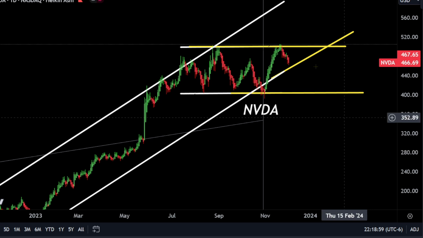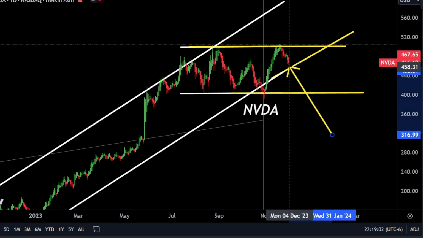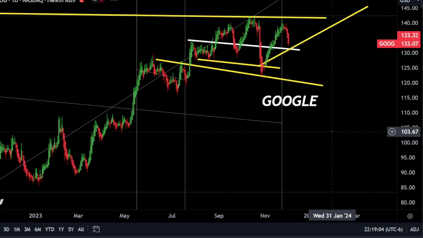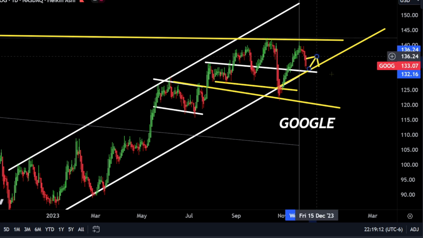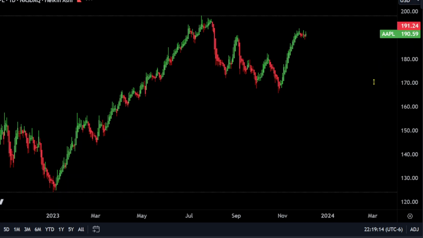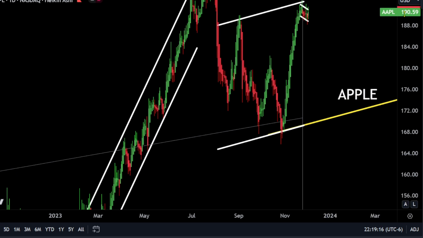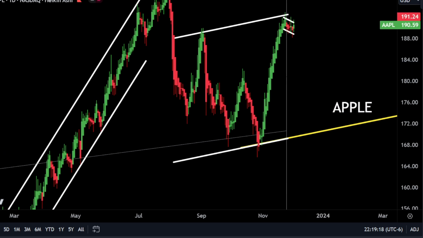NVDA dropped, see right here. Google dropped right here. So those dropped. What's probably going to happen is, when Monday comes, these will probably pump up, or maybe not, but you'll start to see the other tech companies drop because they all work together.